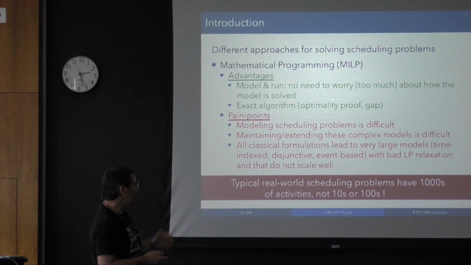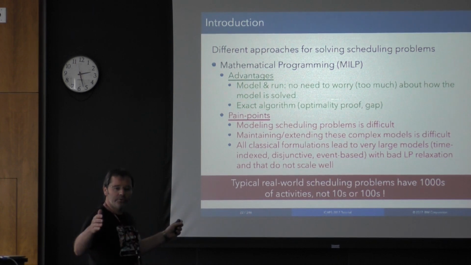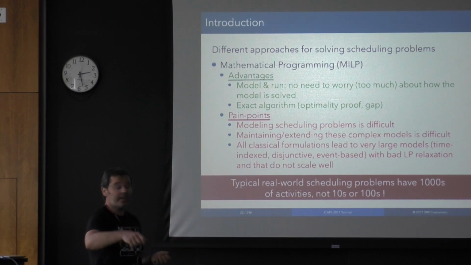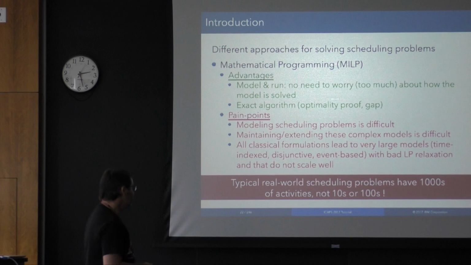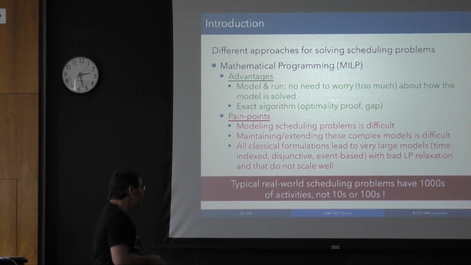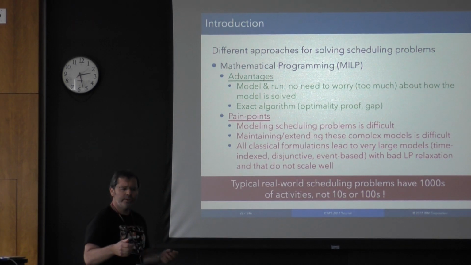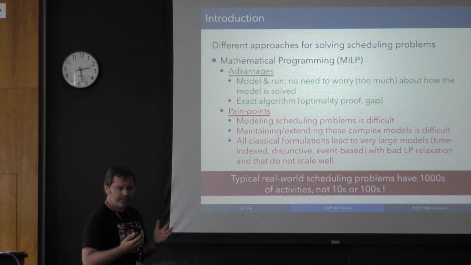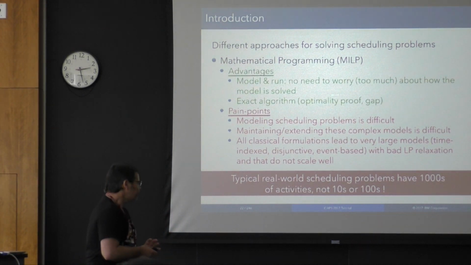In these, the size of the problem depends on the number of time buckets you choose to discretize. You need to discretize your problem if you have a time-index formulation. Or if you have a disjunctive or event-based formulation, you will have a quadratic number of constraints.